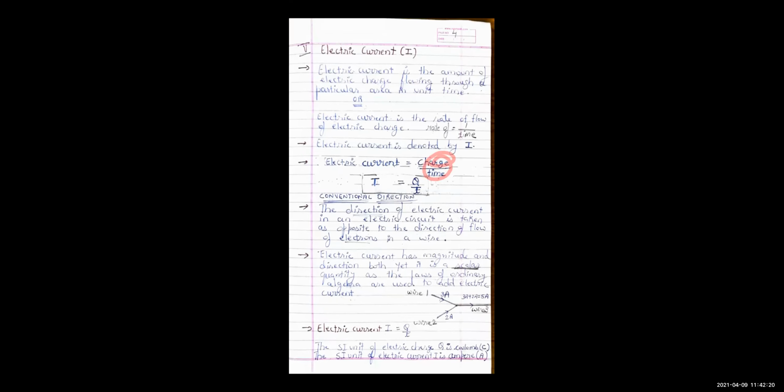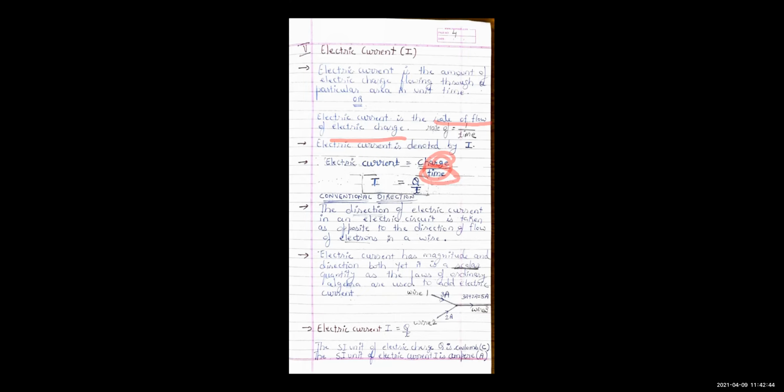In grade 9th, we had done the word rate of. For example, the definition for acceleration was rate of change of velocity. So rate of means upon time. Similarly, for this upon time we can use the words rate of flow of electrical charges. So this can be your short and sweet definition for electric current.